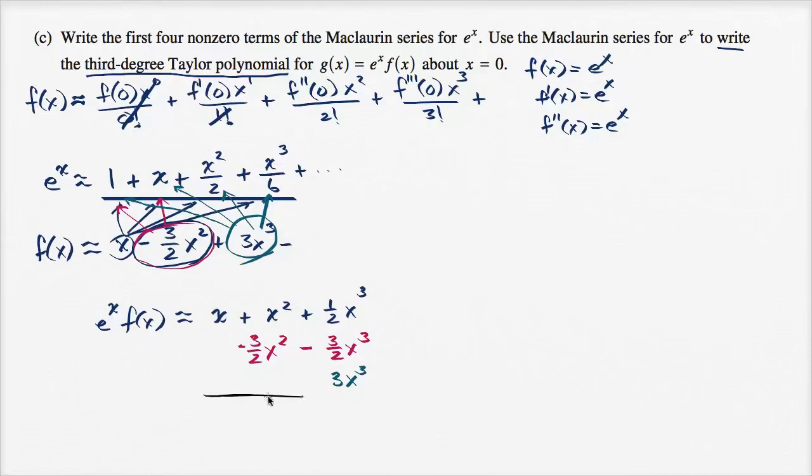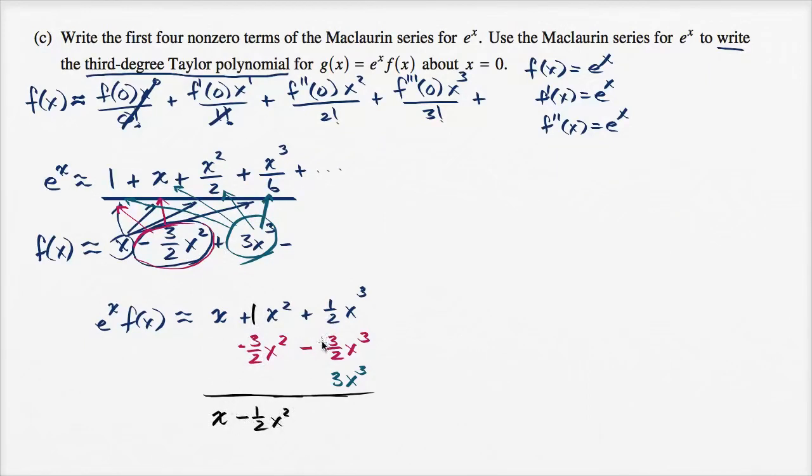And this was a little bit of getting your math intuition for multiplying infinite polynomials. Let's see, you're going to have x, and then this is 1x squared minus 1.5 x squared. So that's going to be negative 1/2 x squared.